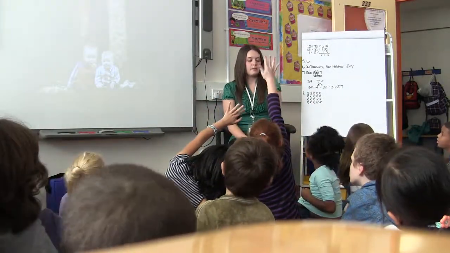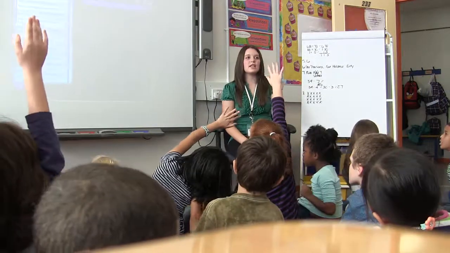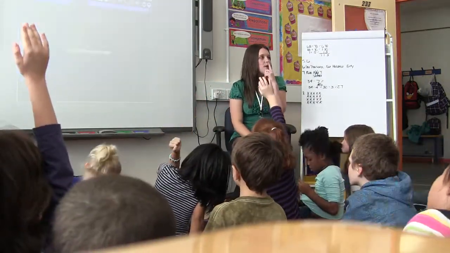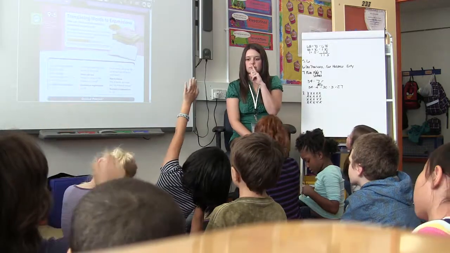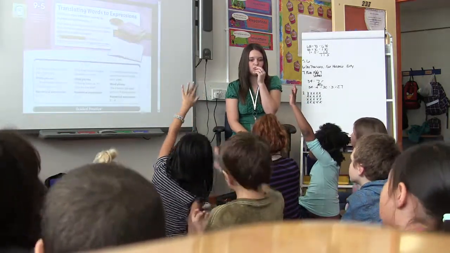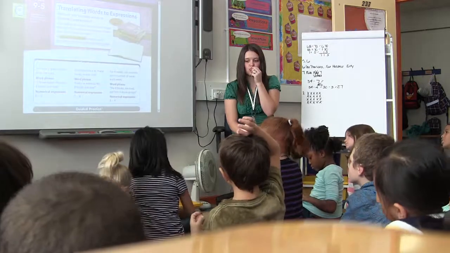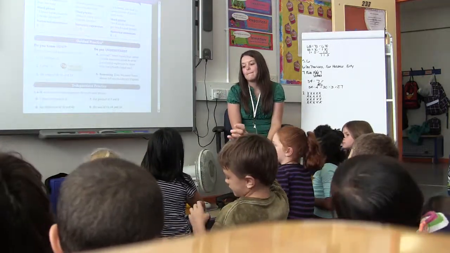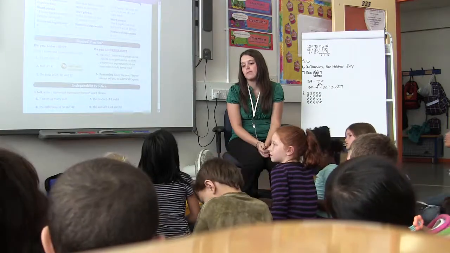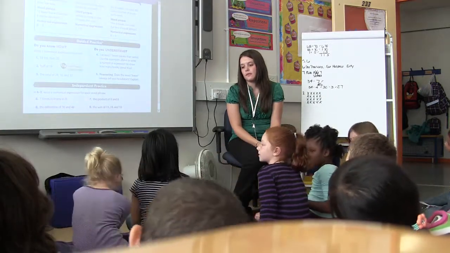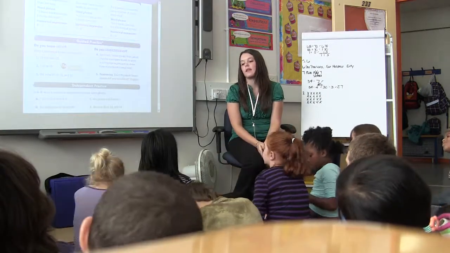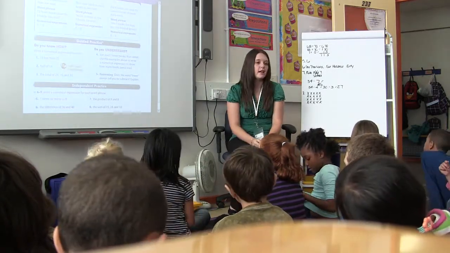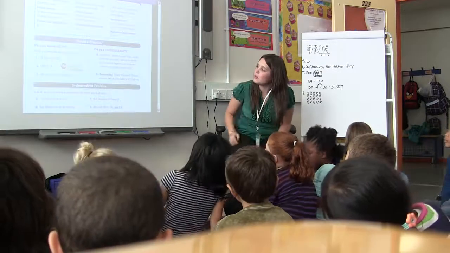Today we're going to do addition and subtraction, okay? What is a numerical expression? Nova. A numerical expression is kind of like a number sentence, but it just doesn't have an equal sign or the sum or the answer. Okay, good.